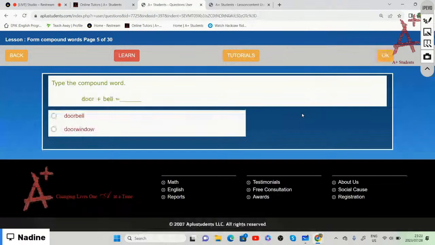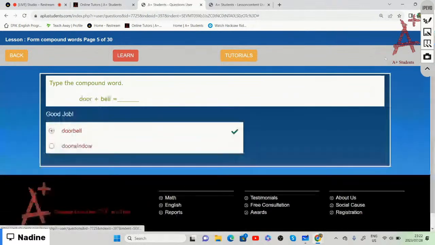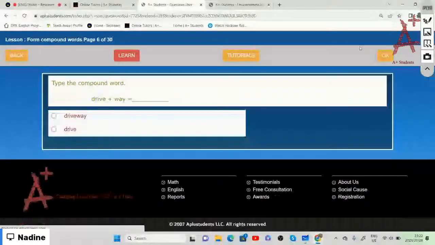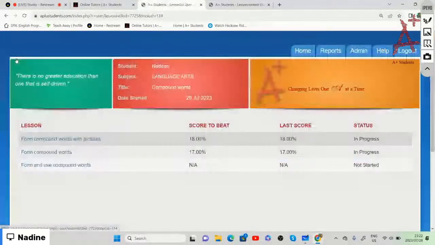So is it doorbell or door window? All right, so we are going to say it's doorbell, because it's door plus bell, which equals doorbell. If you have doorbell, then well done.